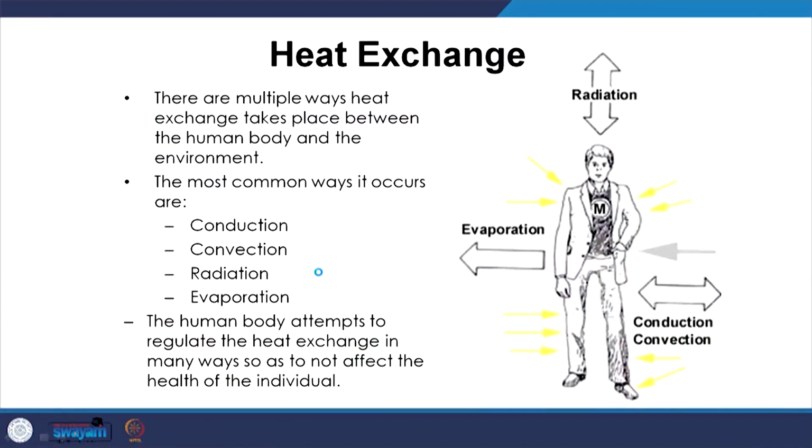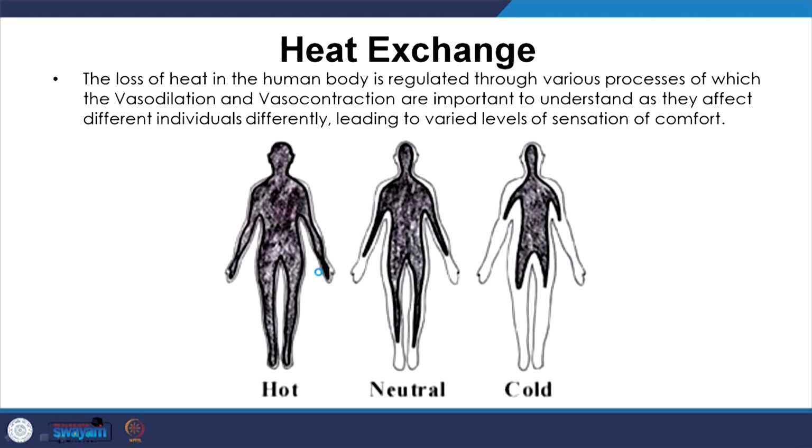Now, once we have understood that these 6 parameters are responsible for defining thermal comfort, we have to quickly revise the ways in which heat exchange takes place between different bodies. So, let us quickly go over this.